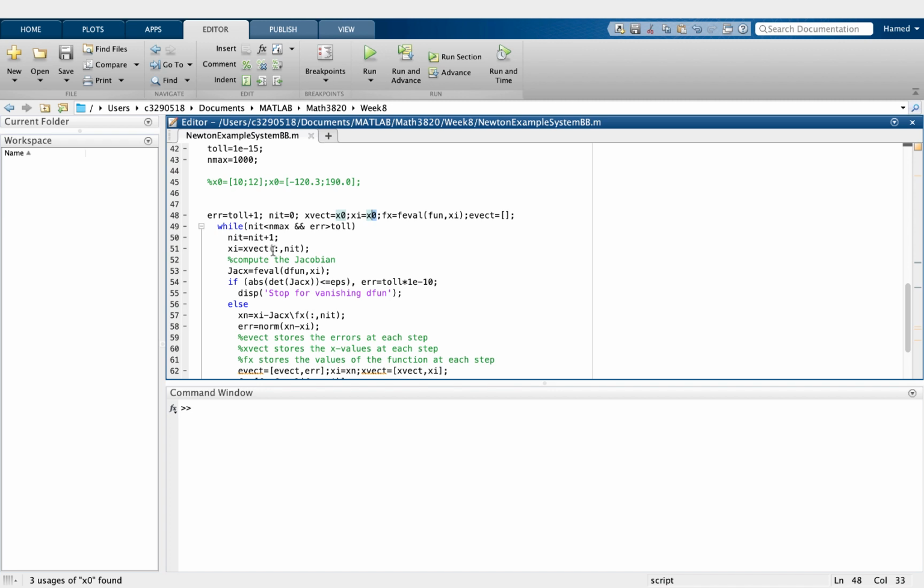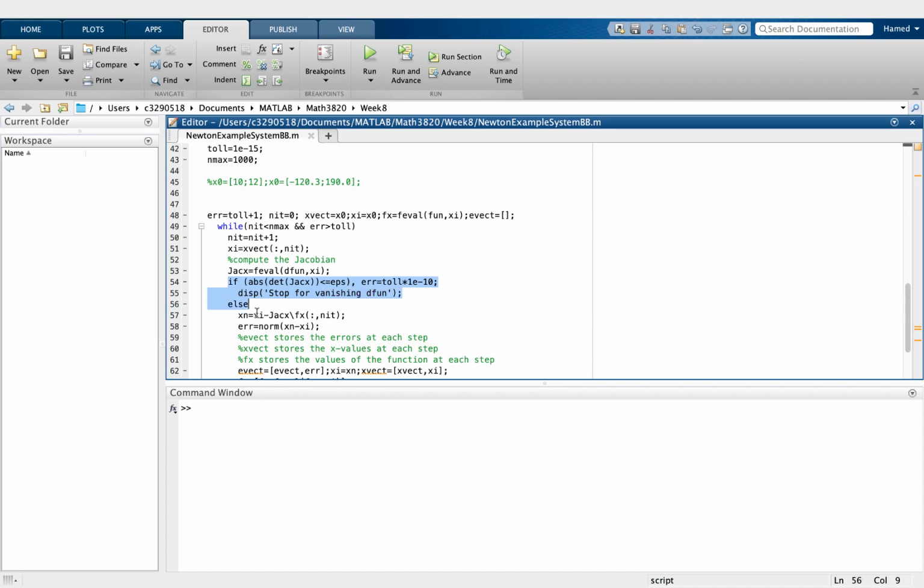In the first column we have x0, because the x vector is equal to x0, and as you see, every time the size of the x vector will increase. This is one of the features of MATLAB. And here, as I said, this will be the value of the derivative matrix at the point xi.